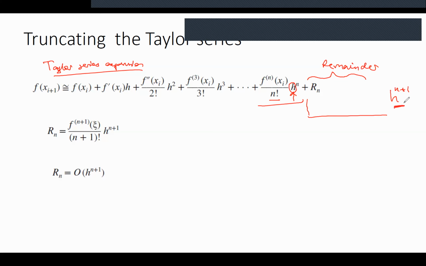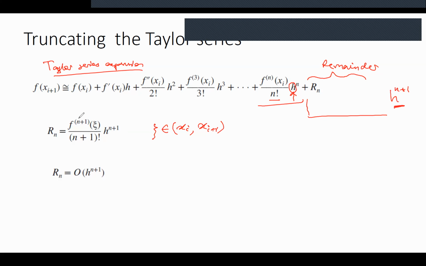Mathematically, we can write this remainder as the n plus 1 order derivative of the function at a value xi, which is a value between xi and xi plus 1, divided by n plus 1 factorial, times h to the power n plus 1.